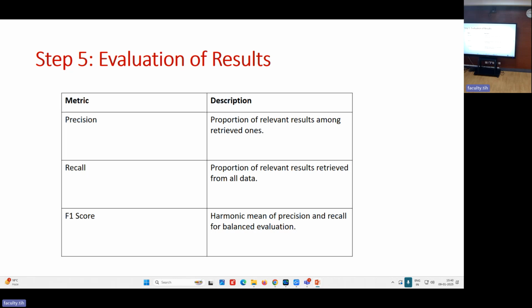Now you can do another thing: if you want to give more weightage to the precision metric or more weight to the recall score, you can change the value of beta accordingly.